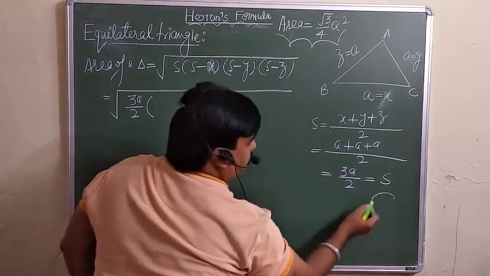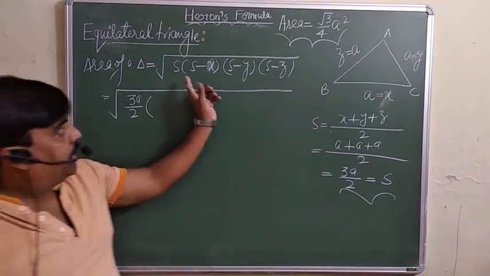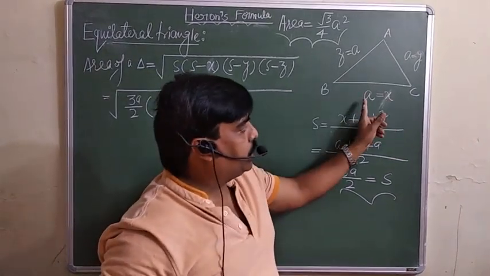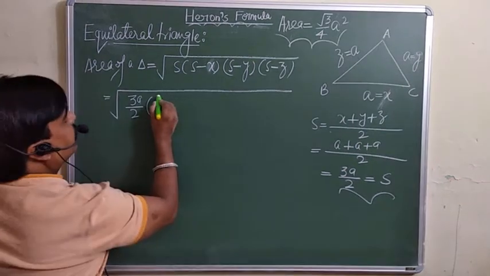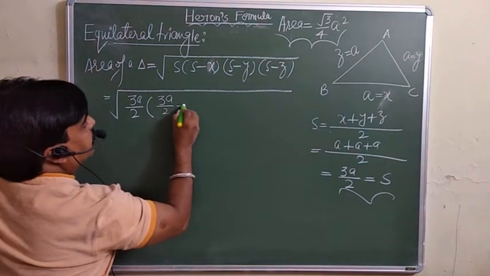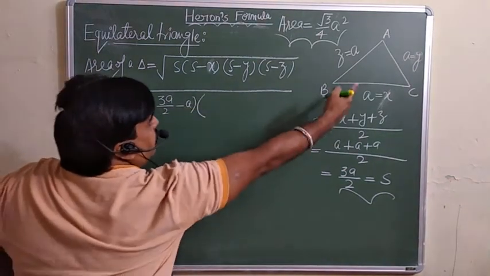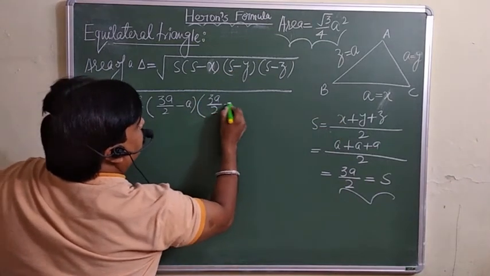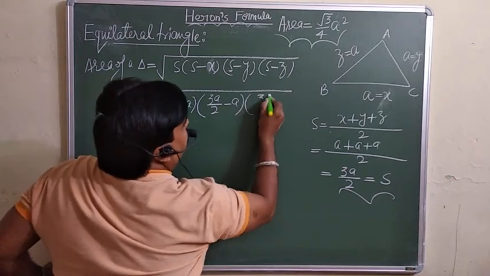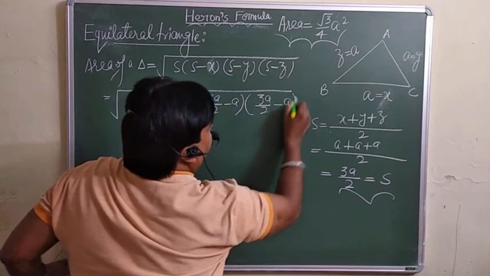Now S minus X. X is what? A. So you are supposed to subtract A from 3A by 2. So here what will we write? 3A by 2 minus A. Similarly, Y is also A. So 3A by 2 minus A. 3A by 2 minus A.